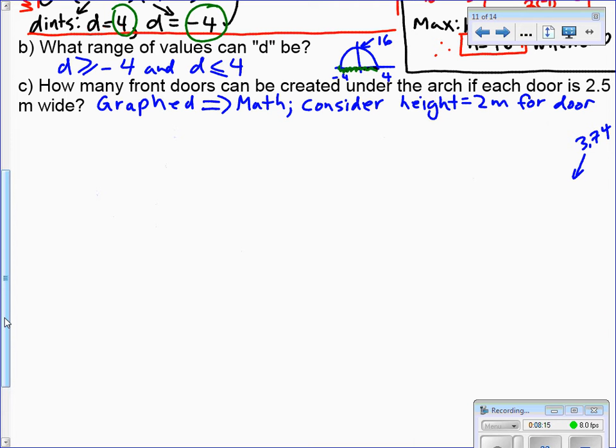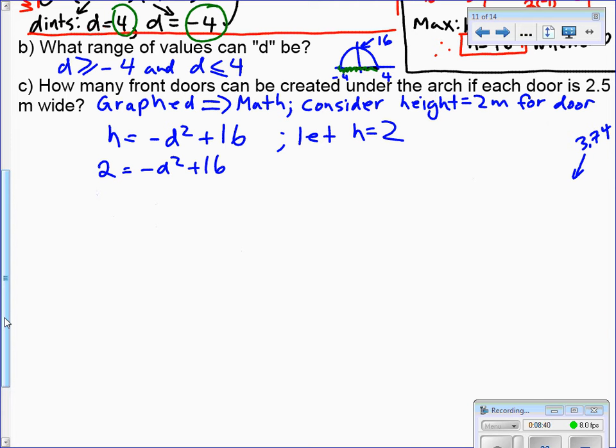Now, what I want you to realize is the following. We're going to start with our basic equation, and we're going to let the height of our door be 2 meters. And we're going to find the d values for which this happens. So we end up with 2 equals this stuff here. And now this is another way to solve for d.